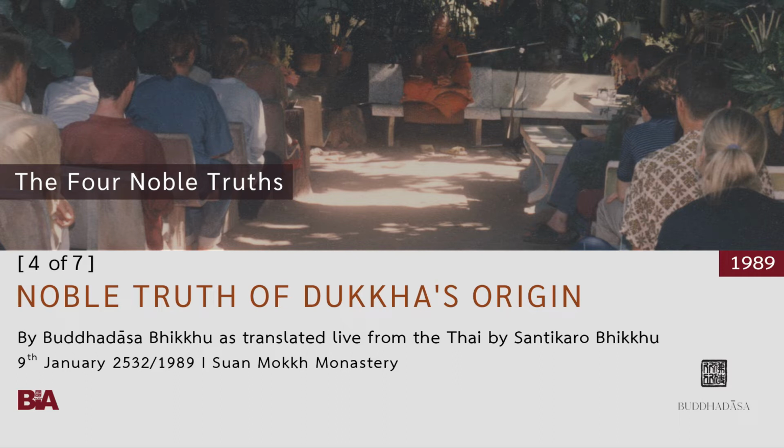And the answer is, in order to quench it, in order to extinguish it. And then the fourth Noble Truth answers the question, how? And the answer is, by the Noble Eightfold Path. This is the outline, the framework of the 4 Noble Truths.